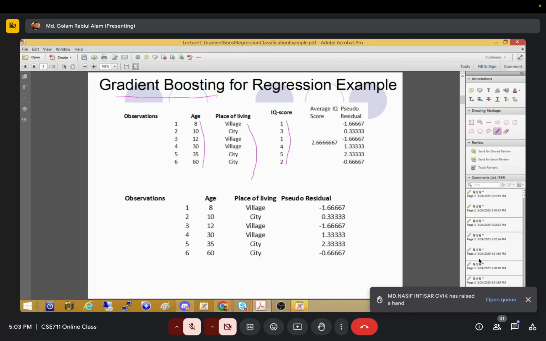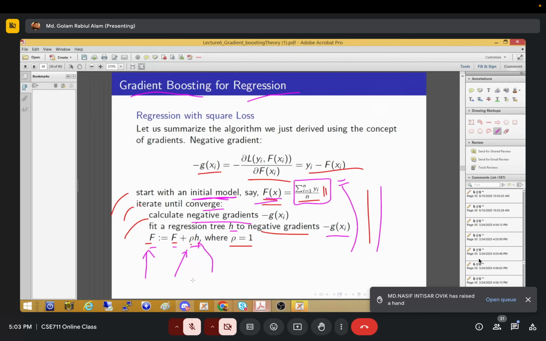As we discussed, we start with the initial model, the base model f of x, which we calculate by summing up the y values divided by n. That gives us the initial prediction model.